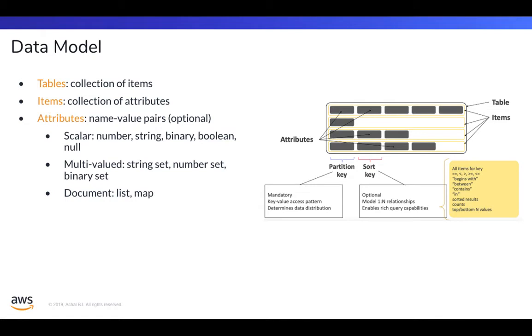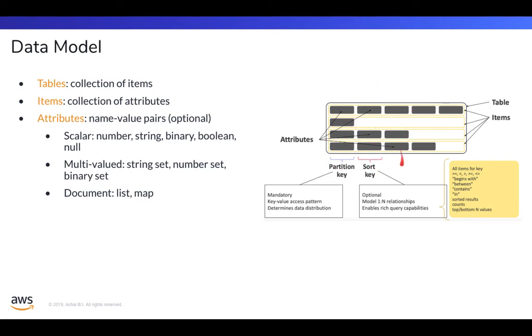Let's understand the data model of DynamoDB. We talked about tables. Tables are a collection of items. In this pictorial diagram, each row is an item, and each item contains a collection of attributes.